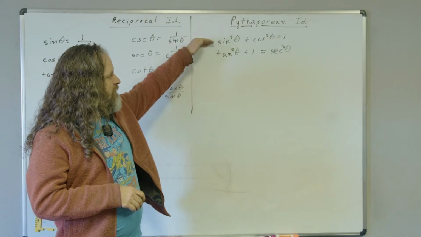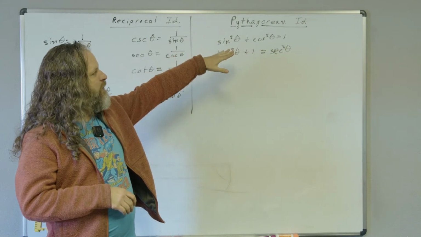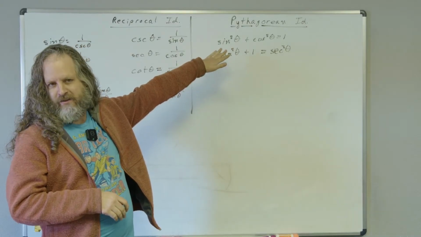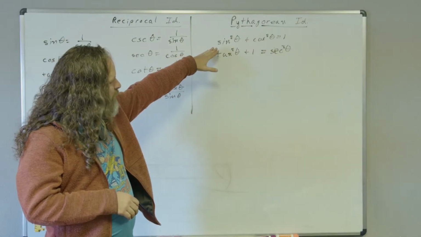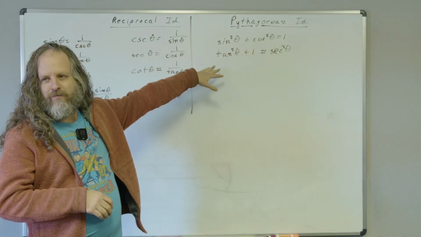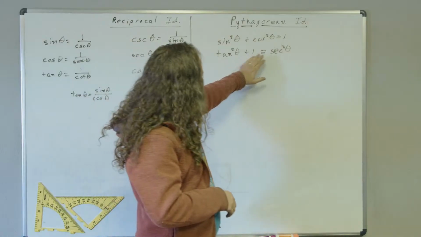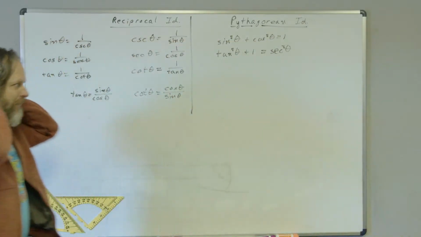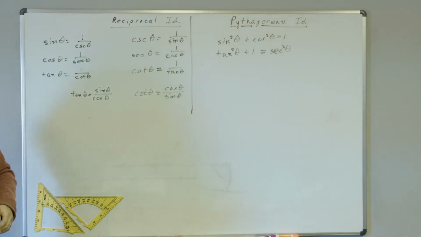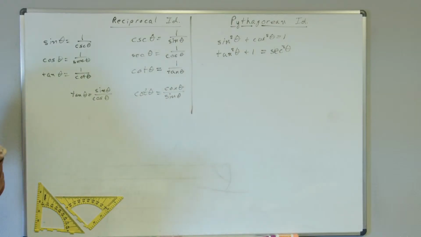Like, if this is true, then cosine squared theta equals 1 minus sine squared theta. And this 1 equals secant squared minus tangent squared. You want to be able to think about those in those kinds of ways, because that's what we're going to be doing. We're going to be seeing patterns, and we're going to be changing stuff.